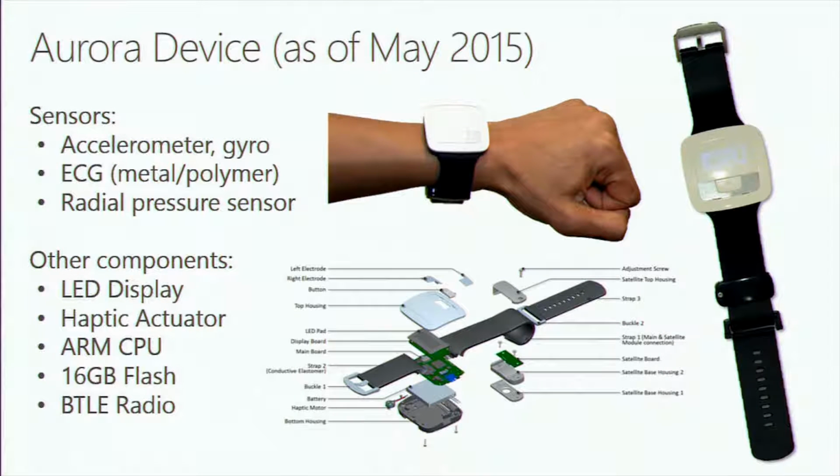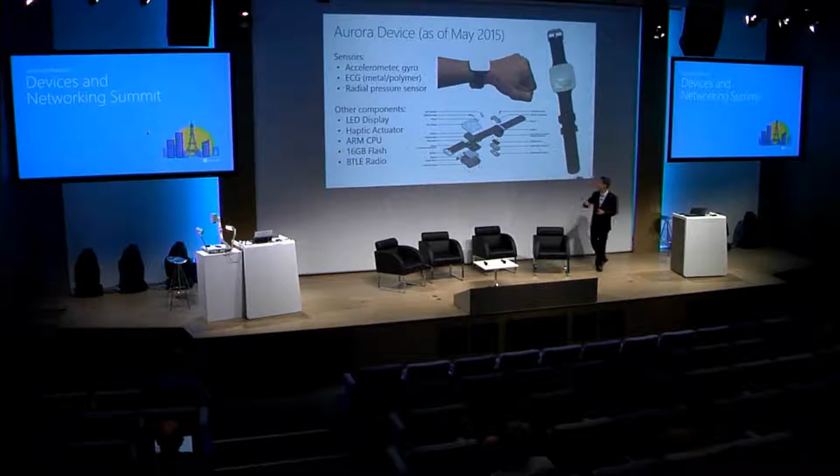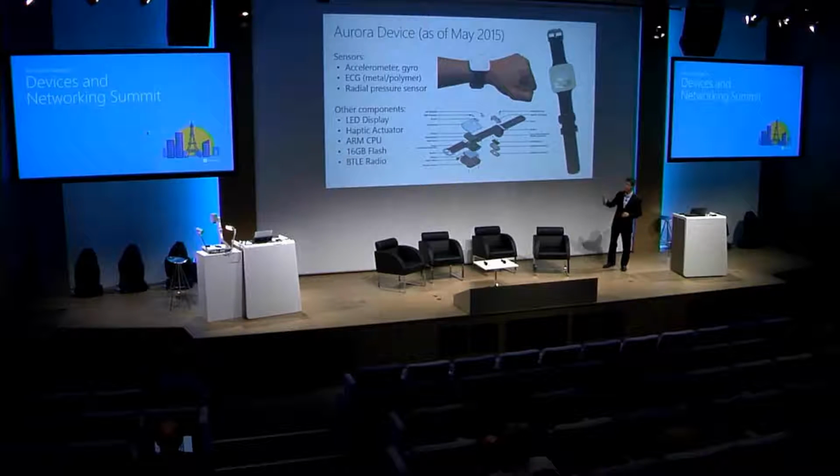We've got an ECG, electrocardiogram here. It's a lead 1, or 1 lead, ECG. So part of the band is an electrode. We've made a flexible electrode. The other part is on the top of the face of the watch or the band.